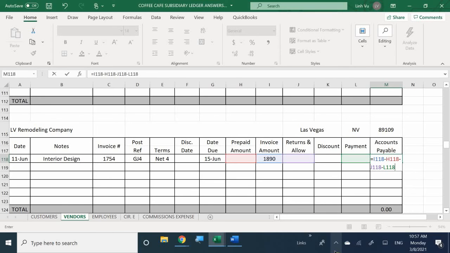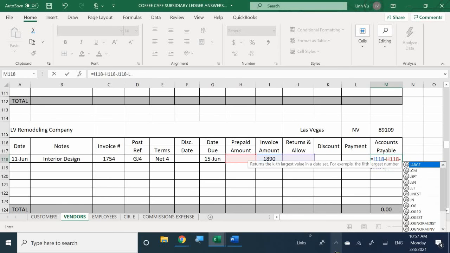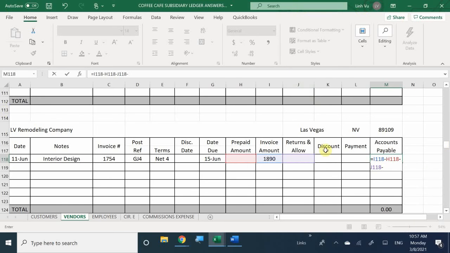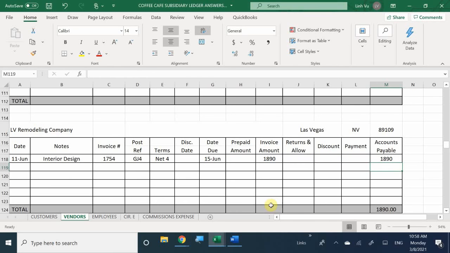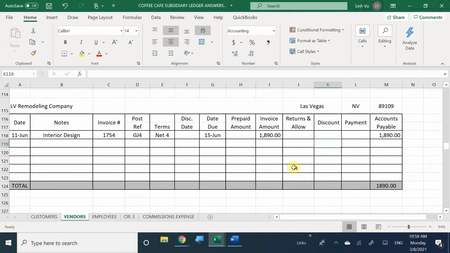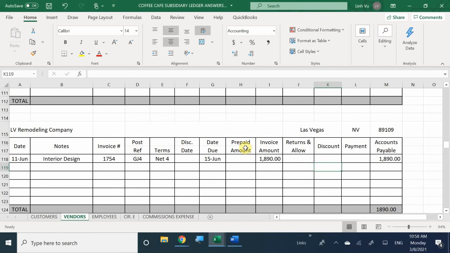I think I hit the wrong one. So minus discounts minus payments and enter in. So I owe a total of $1890 to LV Remodeling. Right? Good. Now we are done with that transaction.